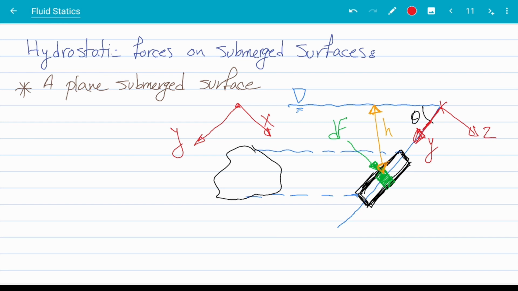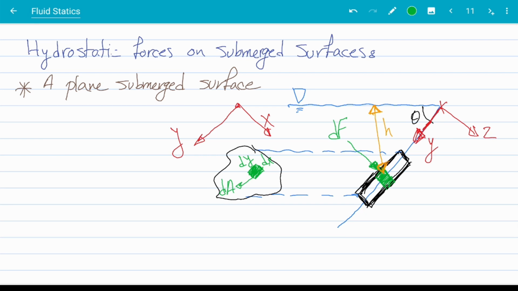Okay, so the green element that we took on this plate looks like something like this. Its area is dA, its dimensions are dx and dy. So this is the element on this plate that I am interested in.